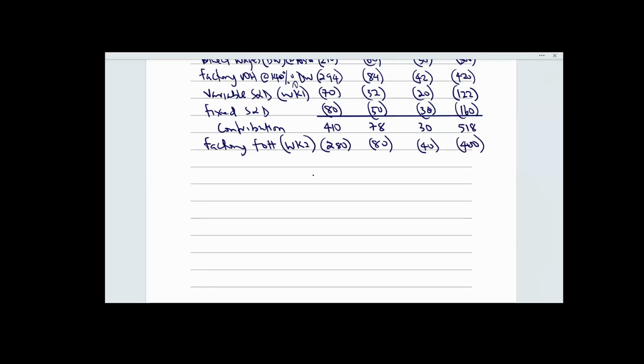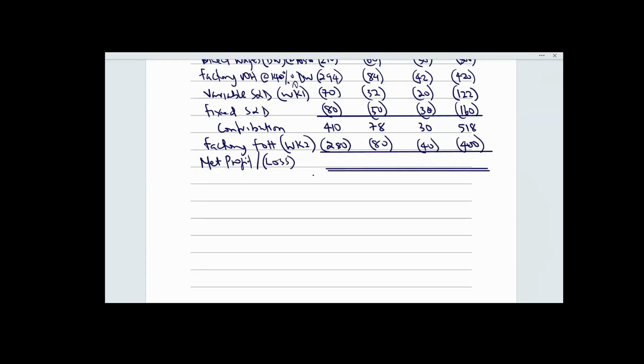There's no other cost again, no other fees. If you have other fees or costs, you also deduct. So at this point, let's find the profits or loss. I will come here: net profits or loss.